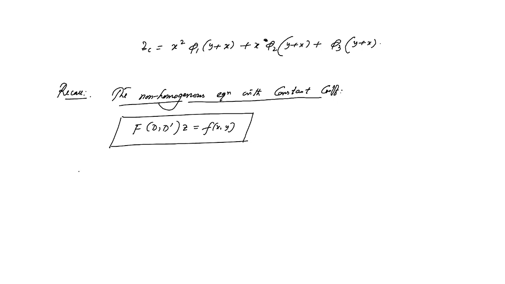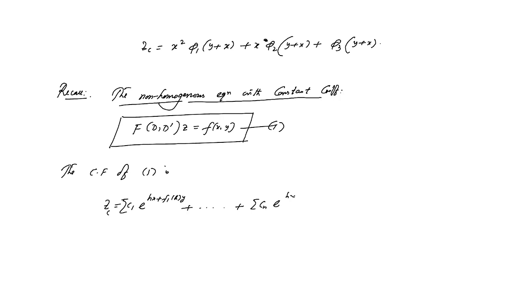The complementary function is of the form, the complementary function is z equals c1 summation e to the power hx plus f1(h) y plus up to cn e to the power hx plus fn(h) y, or zc equals summation c1 e to the power f1(k) x plus ky plus up to cn e to the power fn(k) x plus ky.